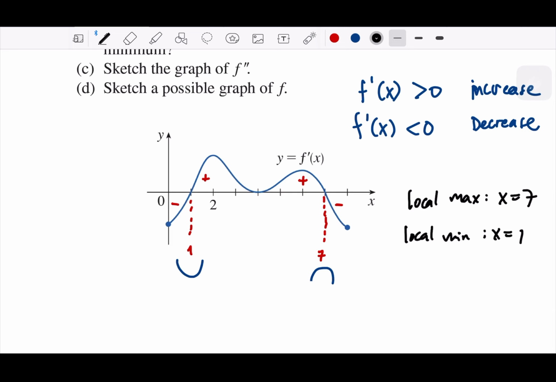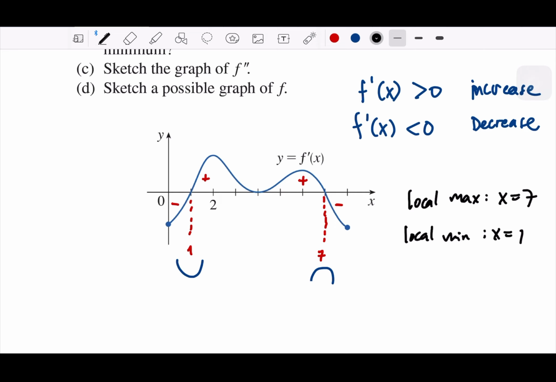I don't understand, Professor. Yes? At first I thought that local max is the highest point, but no. But this is f prime, and it doesn't mean that it should be the highest. What max and min mean is this shape.